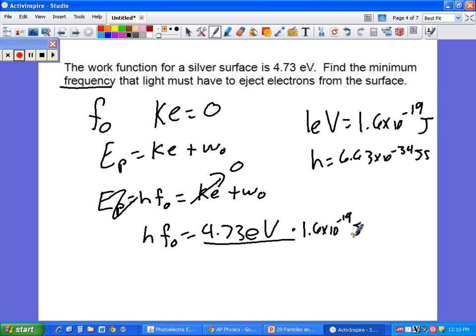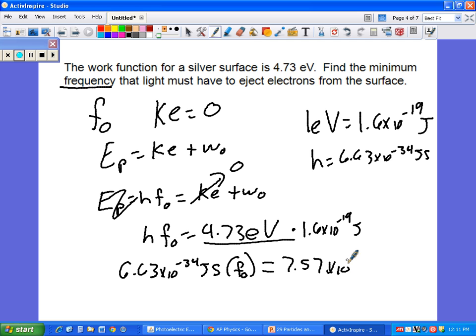So Planck's constant, 6.63 times 10 to the negative 34th joule seconds, multiplied by your minimum frequency, is going to be equal to, when you multiply that out, 7.57 times 10 to the negative 19th joules.